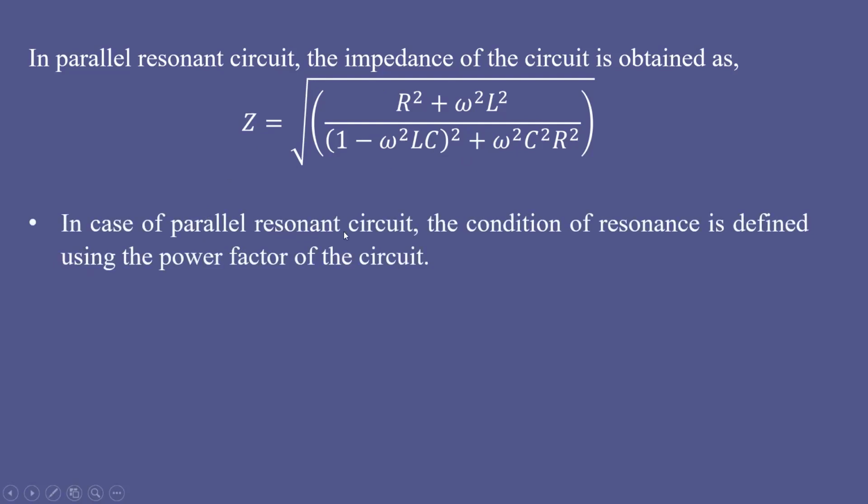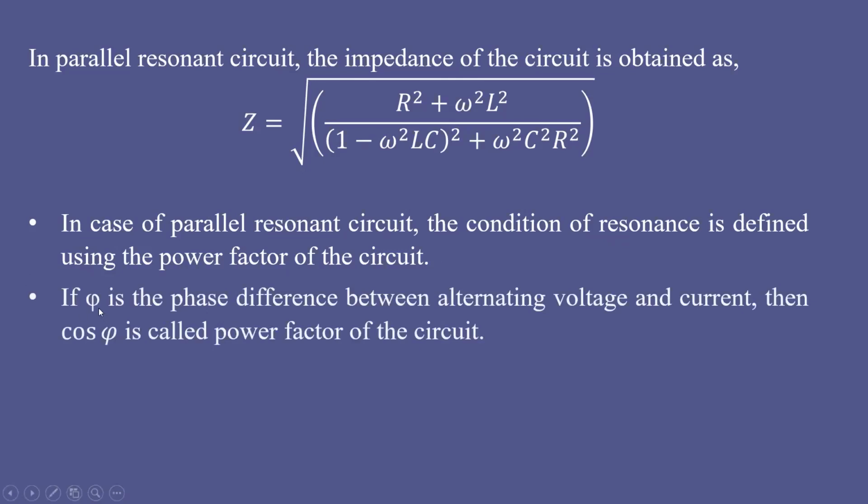In case of the parallel resonance circuit, the condition of resonance is defined using the power factor of the circuit. In the series resonance circuit, the condition for resonance is given by omega L equal to 1 by omega C. But here we define the condition for resonance in terms of the power factor of the circuit. What do you mean by power factor?